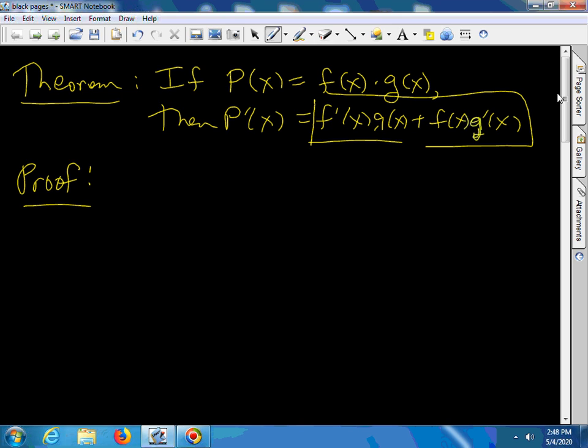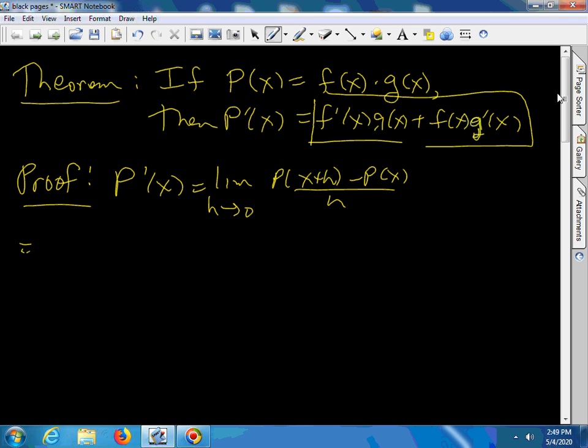Okay, proof. So, p prime of x is equal to the limit as h goes to 0 of p of x plus h minus p of x over h. But this is equal to the limit as h goes to 0. Well, p of anything is f of anything times g of the anything.